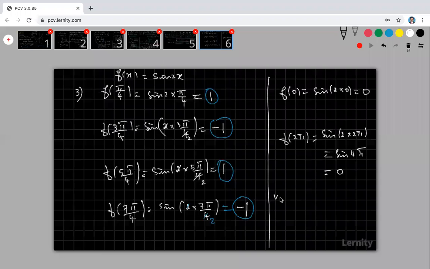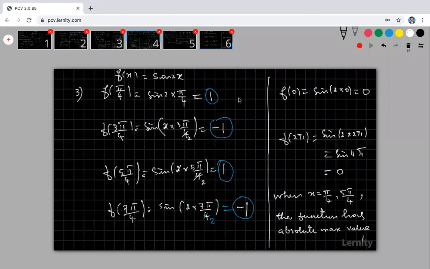So therefore, when x is equal to pi by 4, 5 pi by 4, the function has absolute maximum value. What is the maximum value? Maximum value is 1. Are you okay?